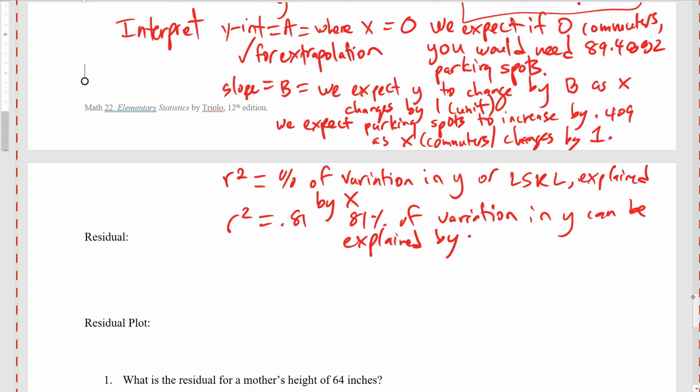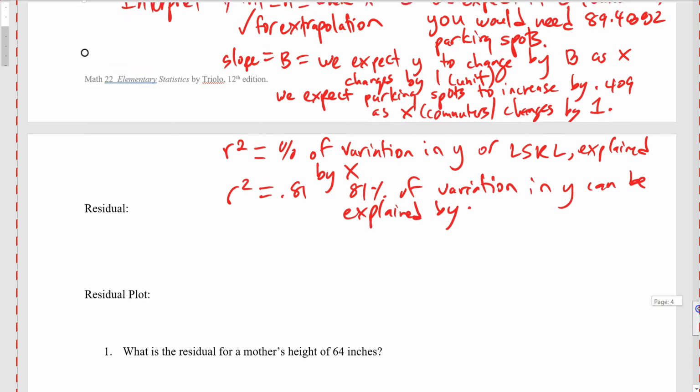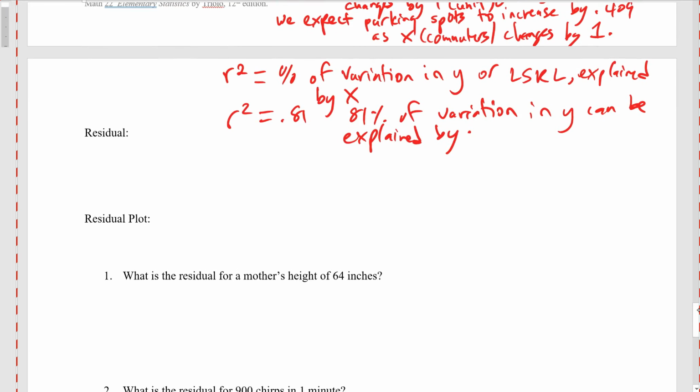Okay. Last but not least, let's talk residuals. We'll just do a couple of these. Residuals, there's a formula for this. I just know it as actual minus predicted. Actual y value minus predicted y value. The actual y value will be something they give us. The predicted will be a y hat.